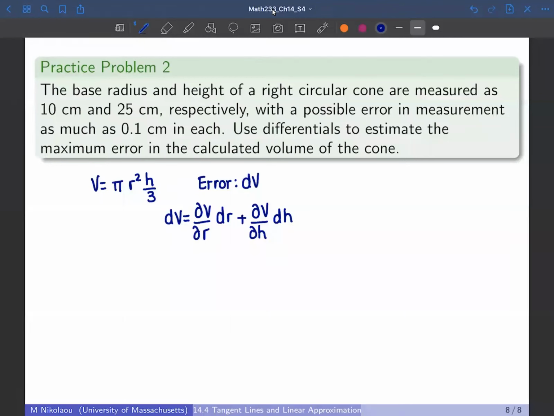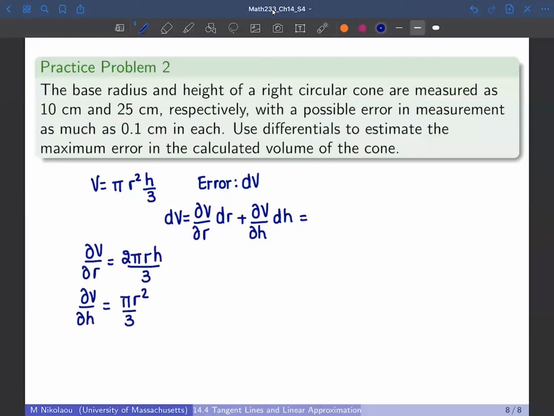So the partial derivative of V with respect to r would be just equal to 2 pi r h over 3. And the partial derivative of V with respect to the height would be equal to pi r squared over 3.